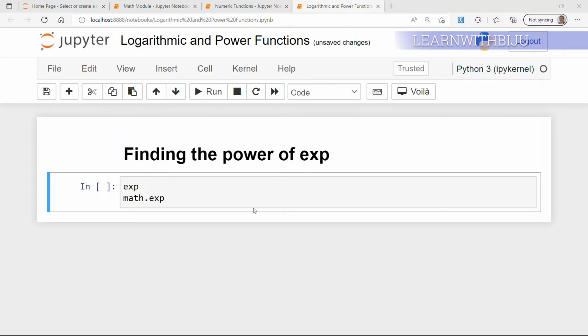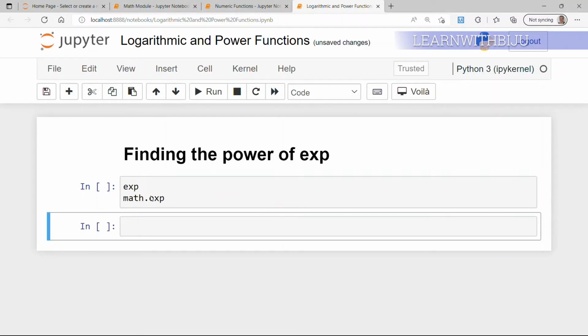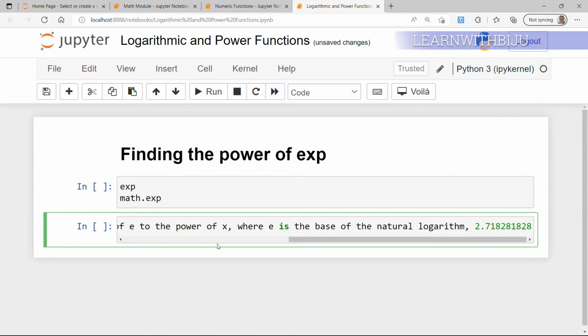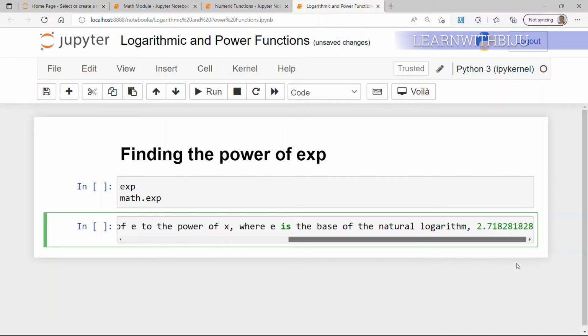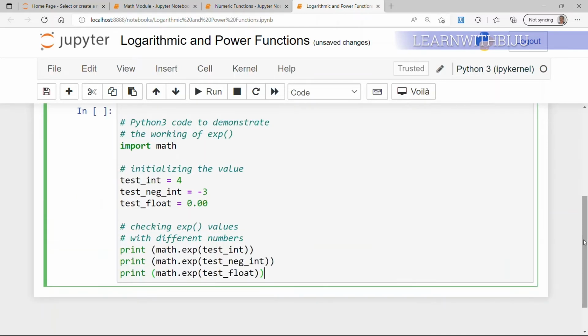The exponential function exp calculates the value of e to the power of x, where e is the base of the natural logarithm, 2.71828188. It is the code to demonstrate the working of exp.